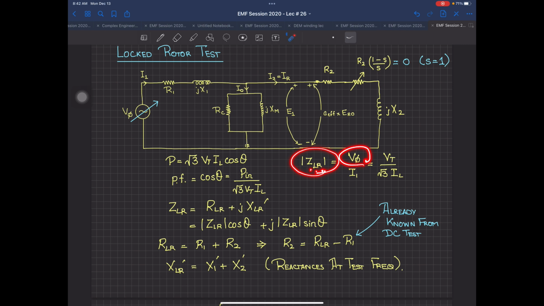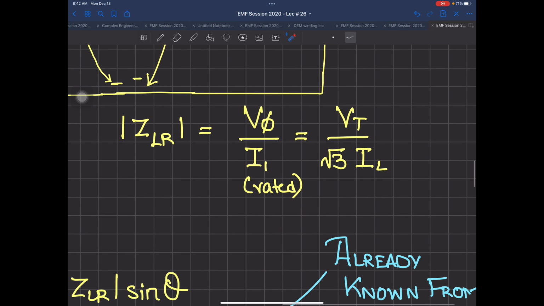So whatever phase voltage divided by the I1, which is the rated value. One thing very important, normally the students in the lab also make this mistake. This is phase voltage, and here in your book they have taken it as Vt divided by root 3, assuming that Vt was the terminal voltage given in the data or the nameplate rating, and this is always line to line.